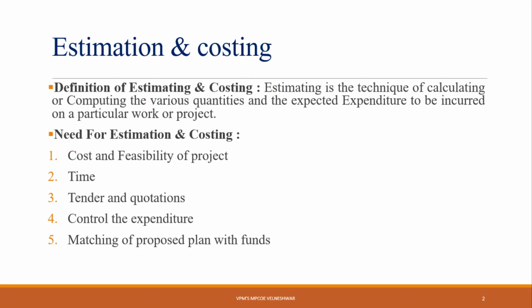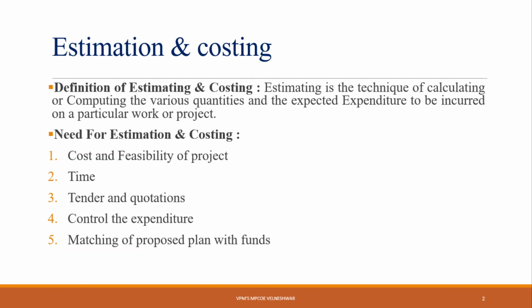The following requirements are necessary for the preparation of estimates. First is the drawings. In the drawings, you will require plans, elevations and sections of important points. This is your first and necessary requirement.